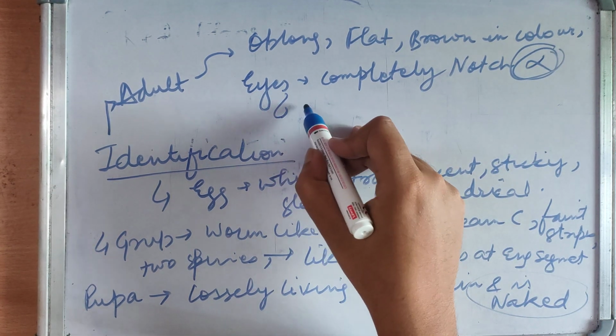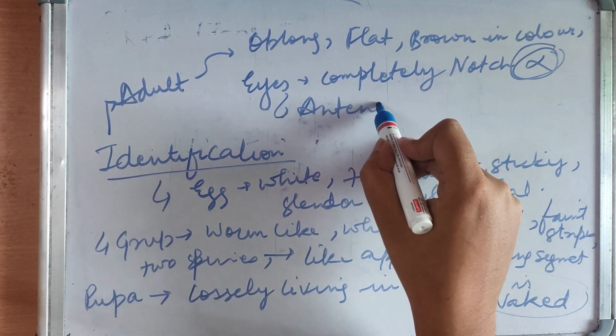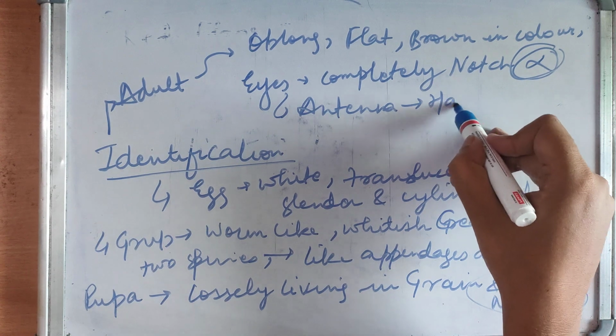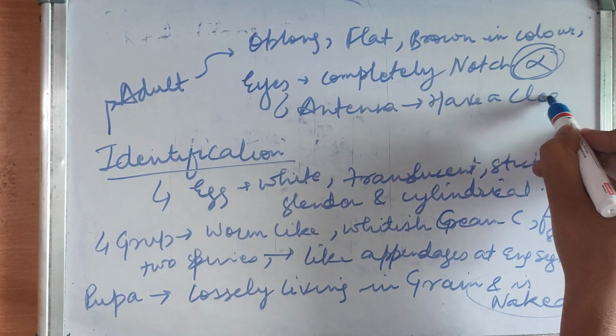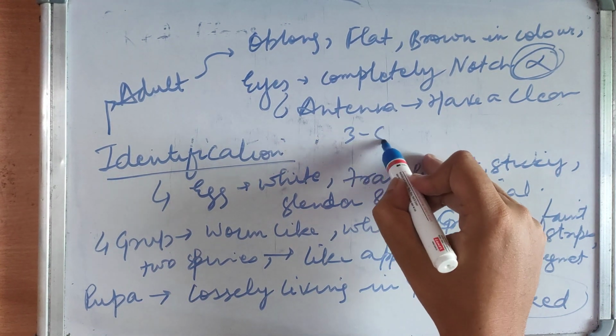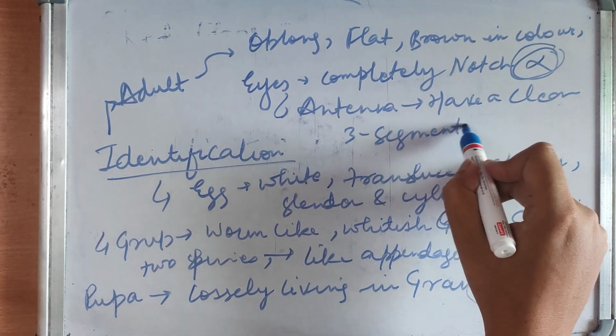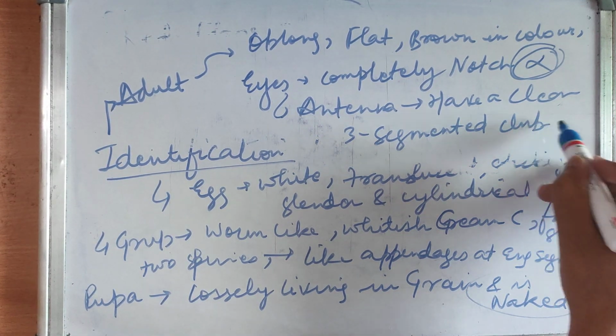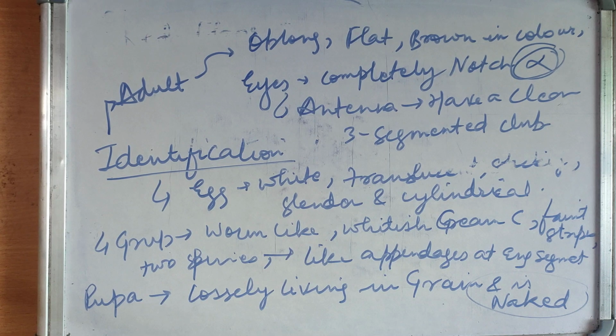The antenna has a clear three-segmented club. So this was the identification of red flower beetle.